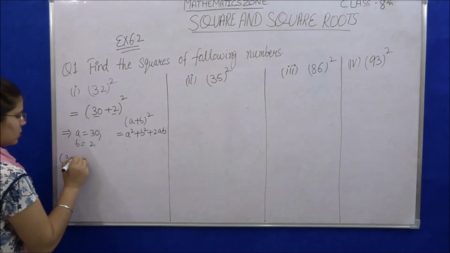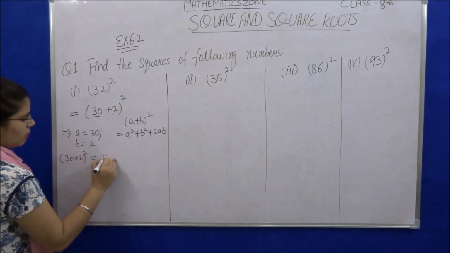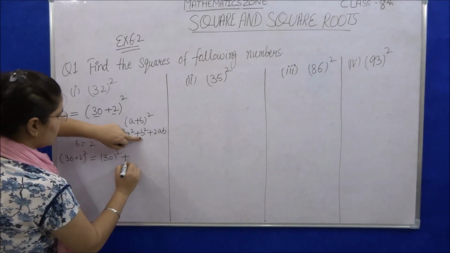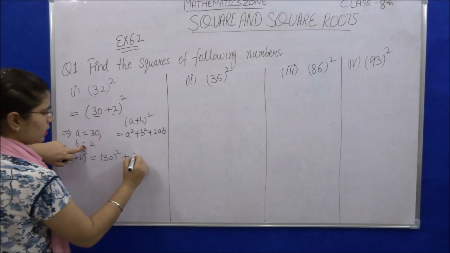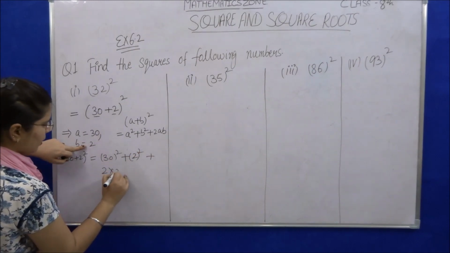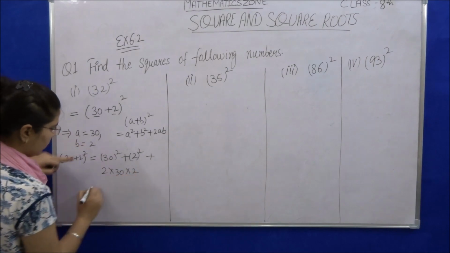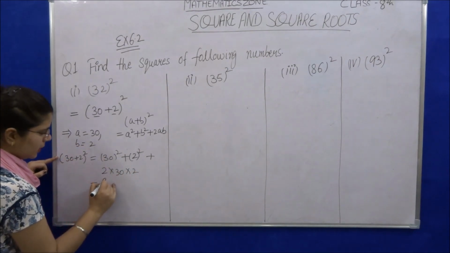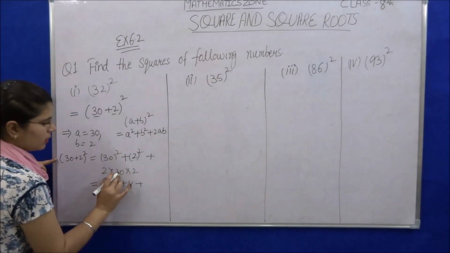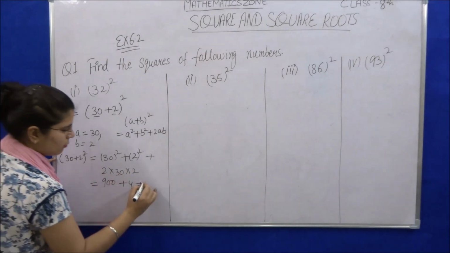So (30 + 2) square will be 30 square, a square, plus 2 square, b square, plus 2ab, so 2 multiplied by 30 multiplied by 2. Now 30 square will be 900, 2 square will be 4, plus 30 multiplied by 4 will be 120.